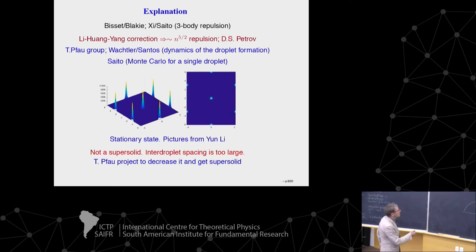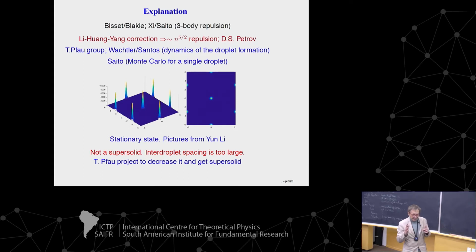The Lee-Huang-Yang correction, which I was talking about, is proportional to density to the power of 5/2. It's repulsion. So if there is attraction, which is proportional to n squared, the repulsion with density to the power of 5/2 at large densities beats this attraction, and therefore the system is stable.